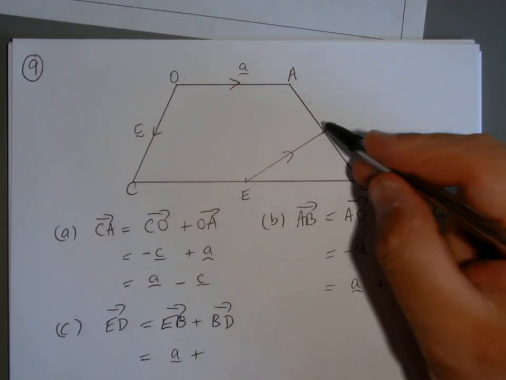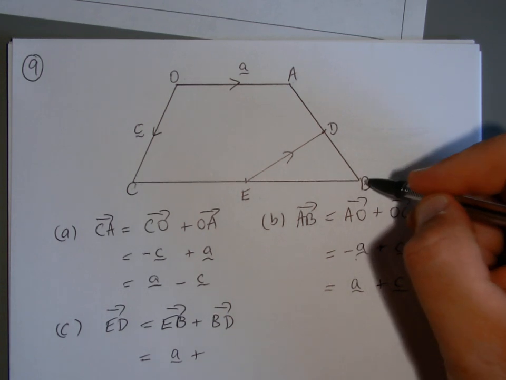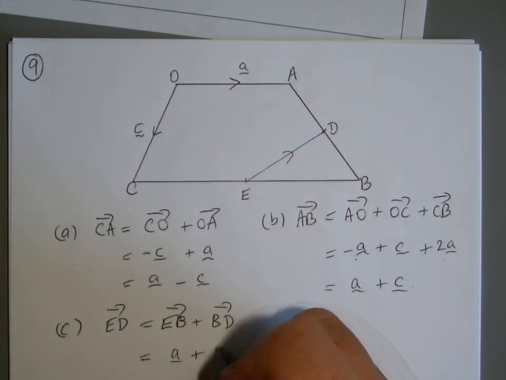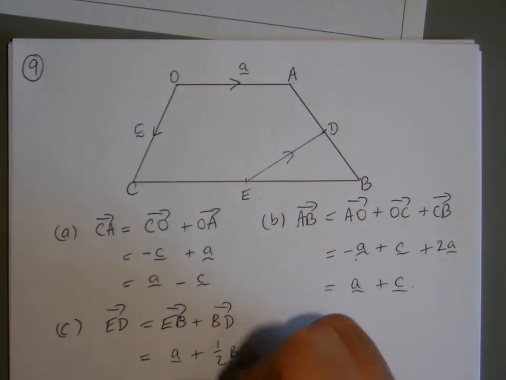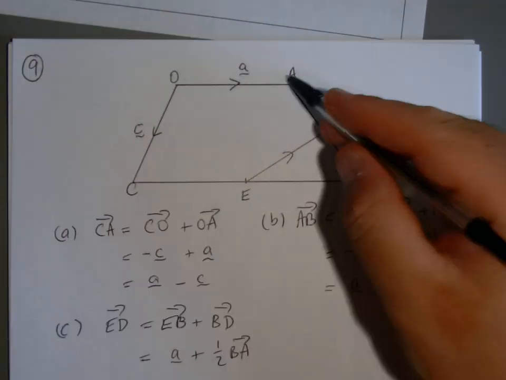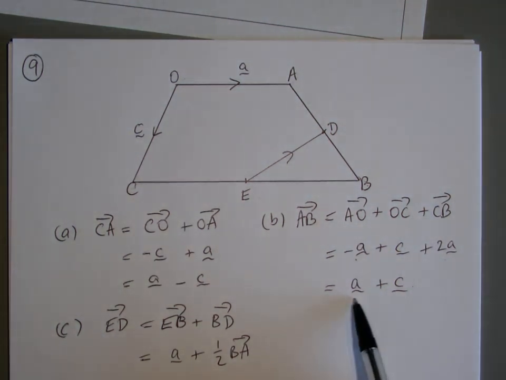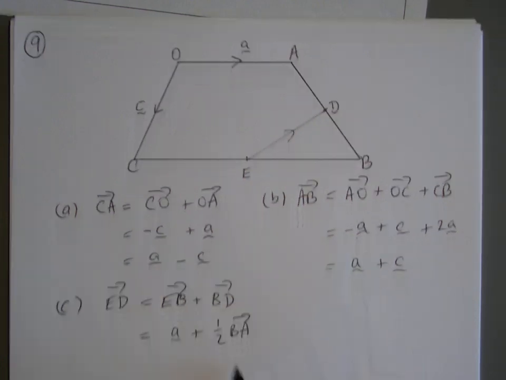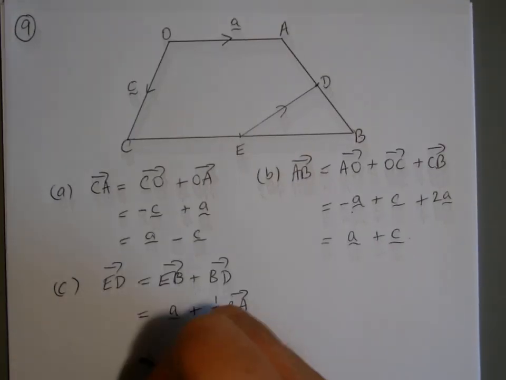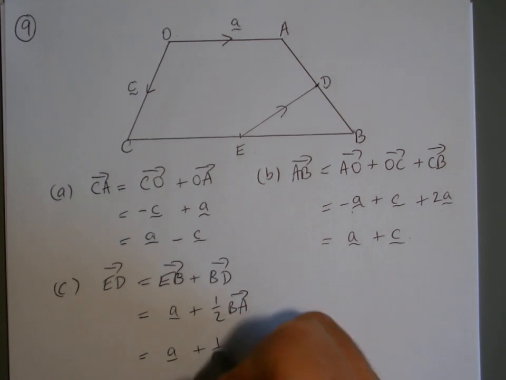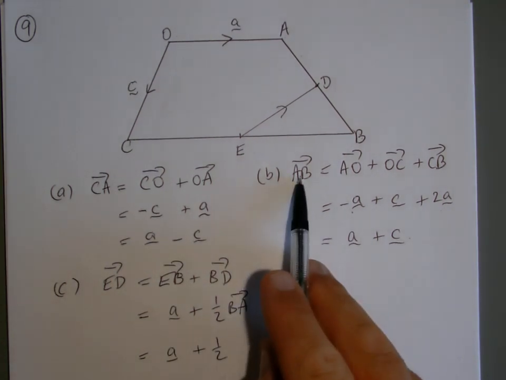Now B to D, what would that be? If you think about it, B to D is like half of B to A. And you know what though? I know what A to B is, don't I? I know AB is a plus c. So if I know AB, I actually know what BA is, because BA is the opposite, the reverse of AB.